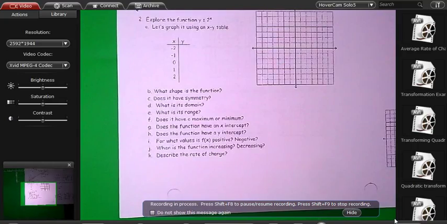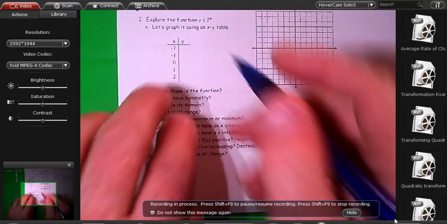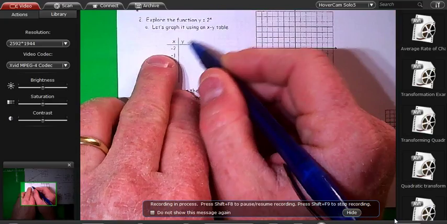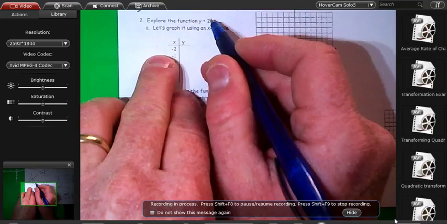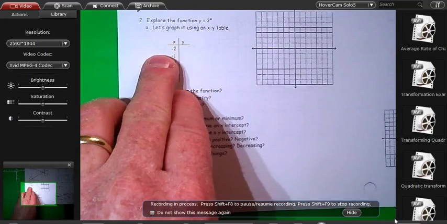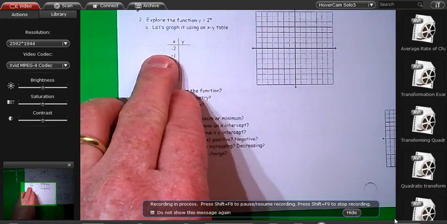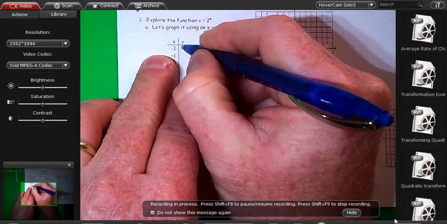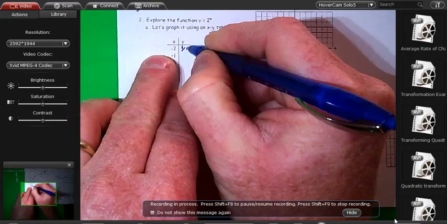So when we plugged in a -2 for x, what we get is 2 to the -2, which is really 1 over 2 squared, which is 1/4. So write a 1/4 right there, small, with a little slash, 1/4. Alright?